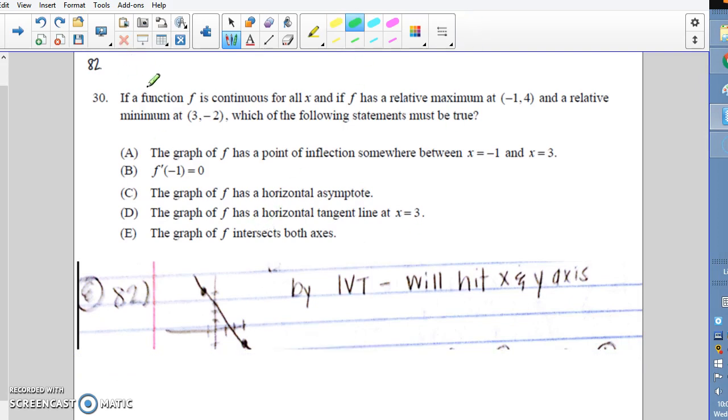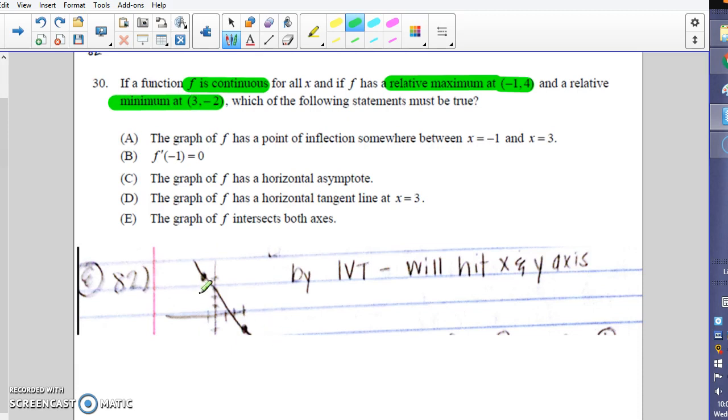Not a beautiful one. So f is continuous, so you need to know that. And a relative maximum at (-1, 4), and a relative minimum at (3, -2). So I sketched it out here, and I looked at what was going on, and it said point of inflection, so change in concavity, that you would have a horizontal tangent. So your derivative would be equal to 0 at -1.